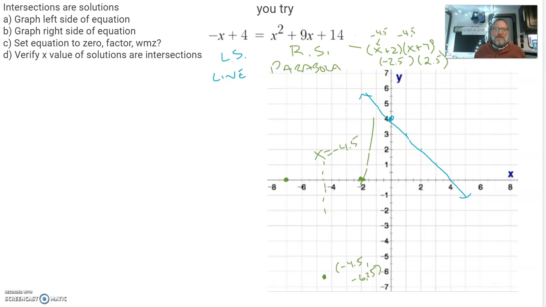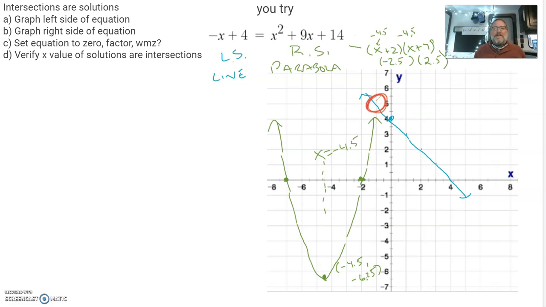I'm just going to try to put in a quick little parabola here. Just a small one. I'm not very good at drawing parabolas on my new drawing board, but I think you get the idea here. Now remember, this is supposed to be about intersections or solutions. I haven't talked about that. Can you follow this parabola?